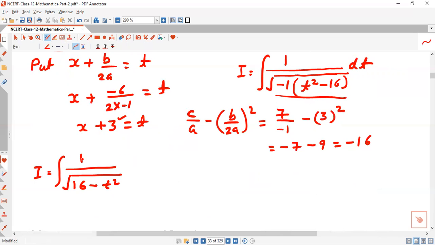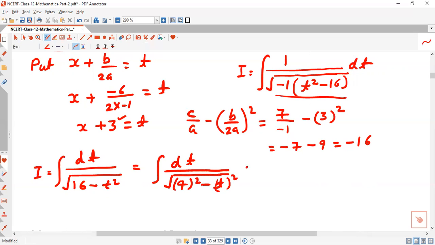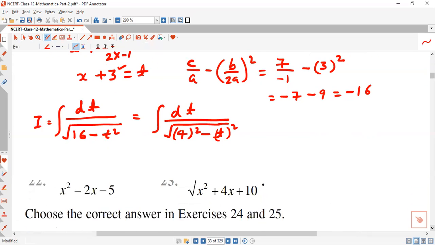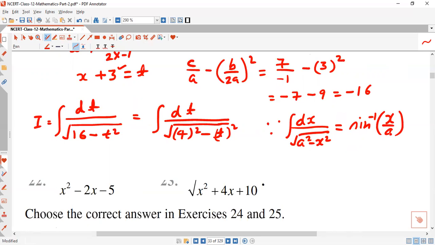This can be written as dt divided by under root 4 square minus t square. This is the formula of sine inverse. Since you know the formula, dx upon under root a square minus x square equals sine inverse x upon a, we apply it with a equal to 4 and x equal to t.